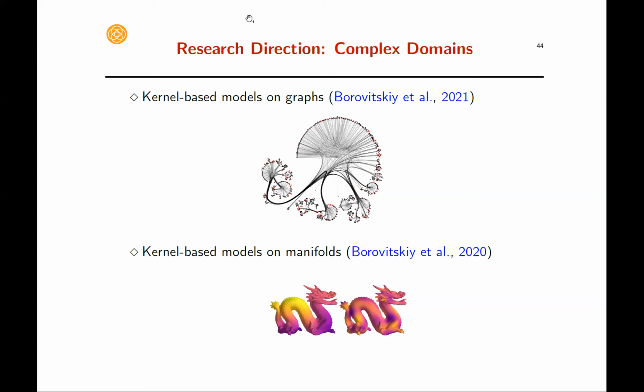These two papers, written by the same people, give some very interesting intuition into how to define kernel-based models and apply them to more complex structures. I think there might be some room for research to solve problems over these complex domains.